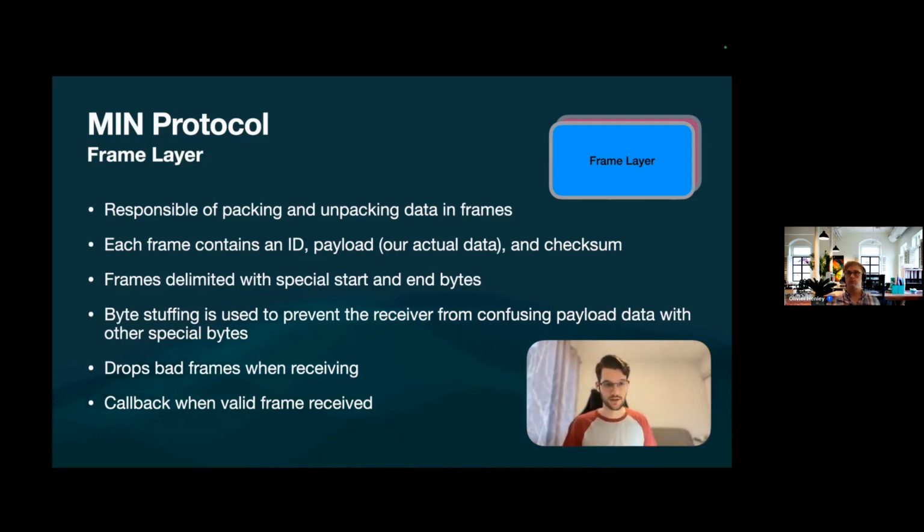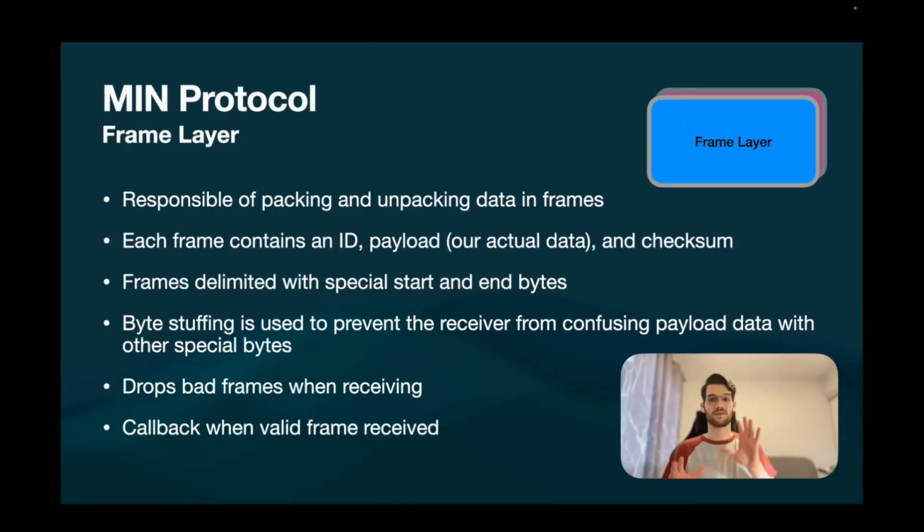As already mentioned, frames have a special start byte to tell the receiver when our frame is starting, and they also have a special end byte to tell the receiver when the frame is complete and fully received. In certain cases, it may happen that the data looks like one of those start or end bytes.